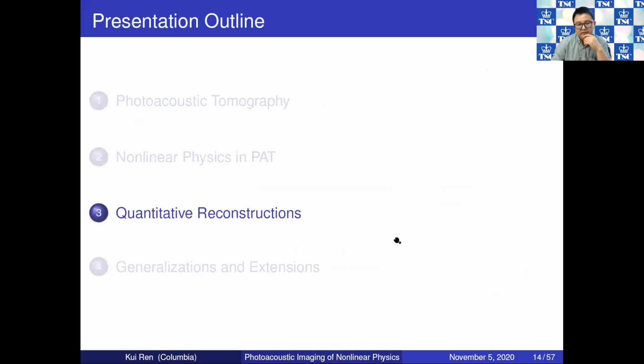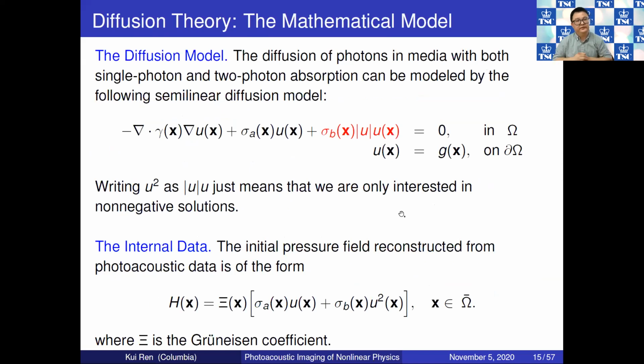Okay, so what about inverse problems? So I told you the physics here. Let me quickly mention a few things on the inverse side. I'll start with the simple case, the diffusion case.